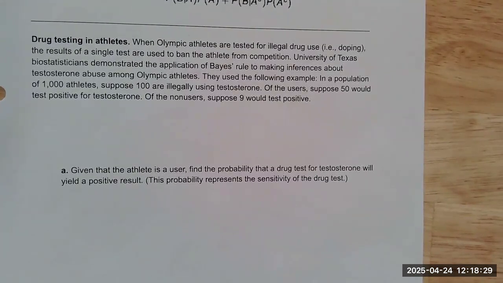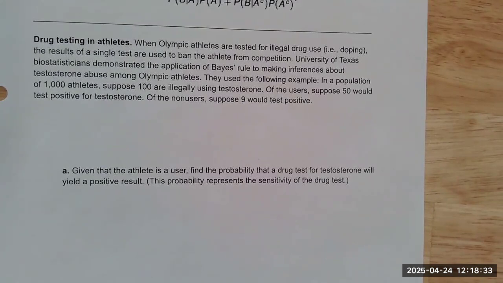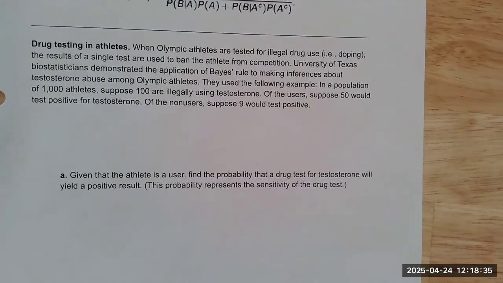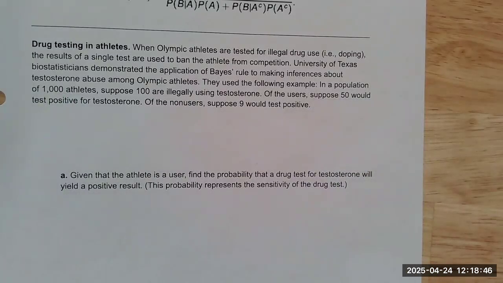Okay. When we do problems like this, we first want to see what they gave us. So I'm going to go back to the line where they gave us important information, and I'm going to see if I can write it in probability notation. We'll see what we have. The first thing they said is, in a population of 1,000 athletes, suppose 100 are illegally using testosterone.